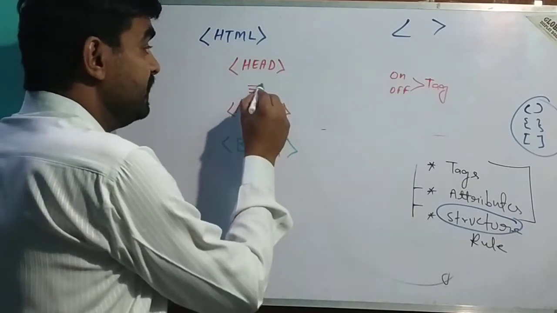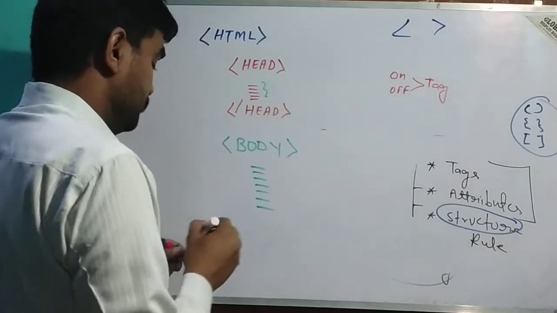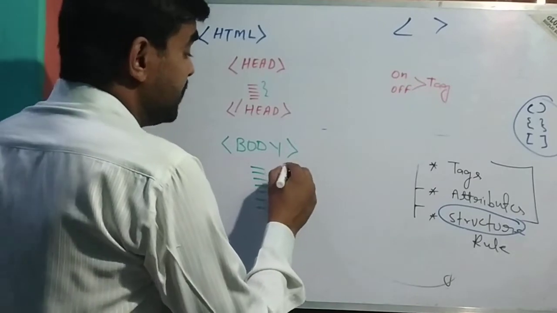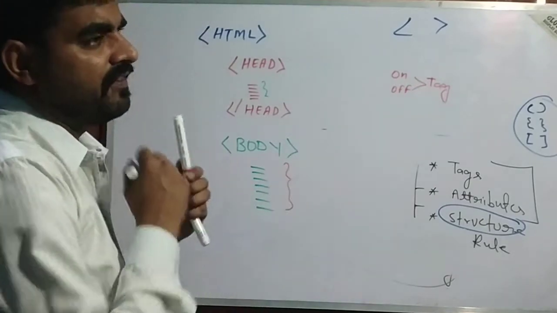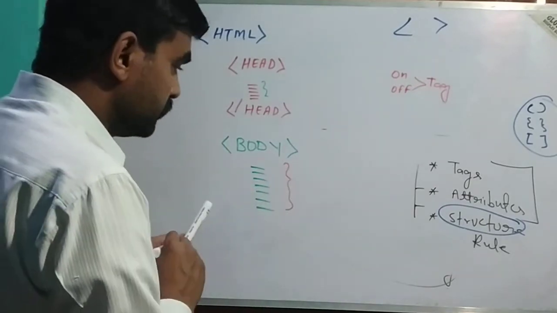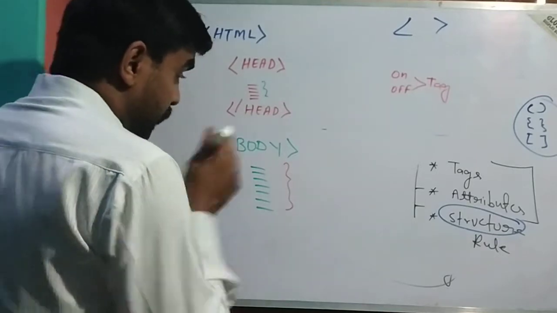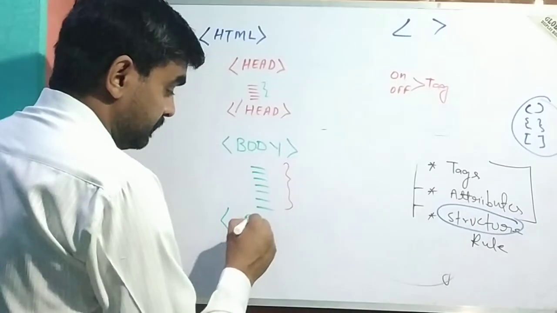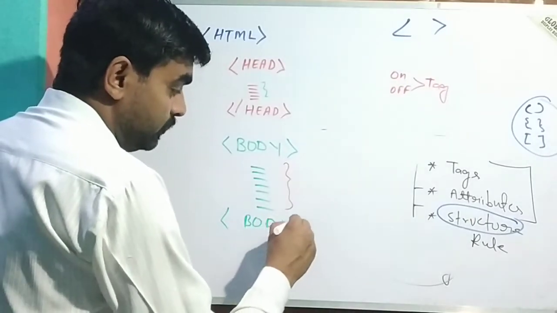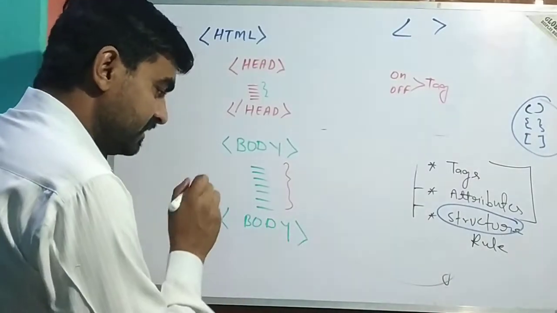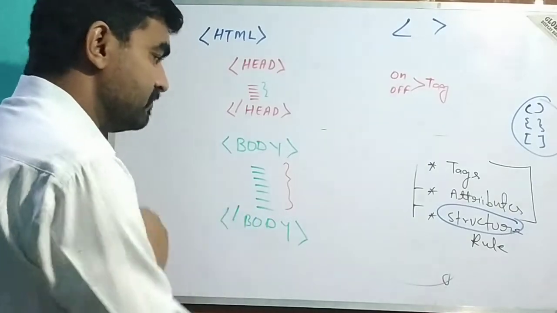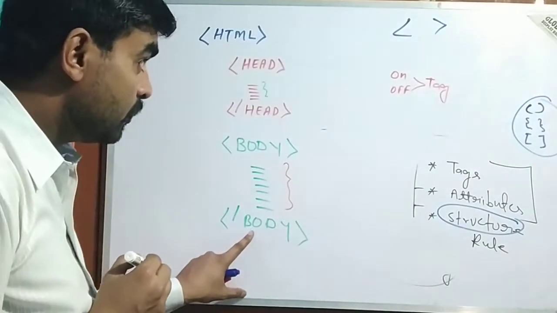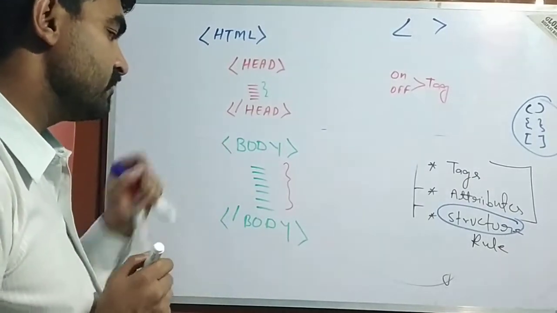Here only limited code is available, but in real pages you can see various lines of code. Body tag open and the same body tag close. Where is the closing symbol? Yes, student, the slash symbol will tell you that this one is the off tag, this one is the on tag.